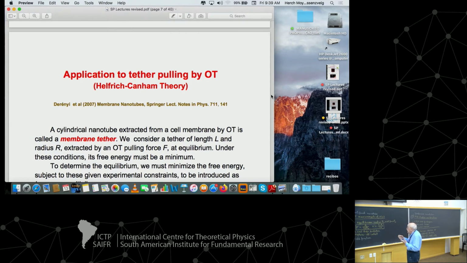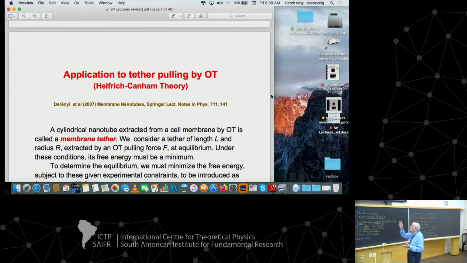You can measure the force of the optical tweezer, which I explained yesterday, and the equilibrium radius of the tether, both at equilibrium.